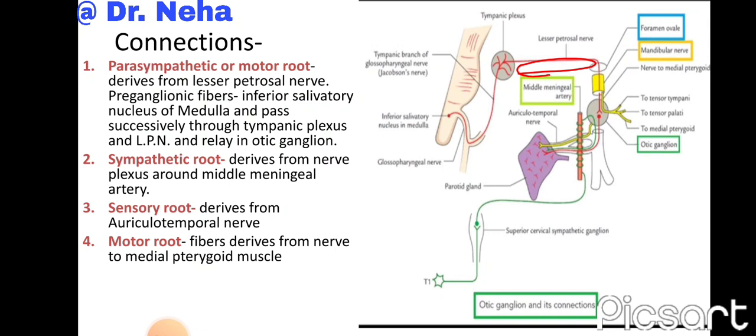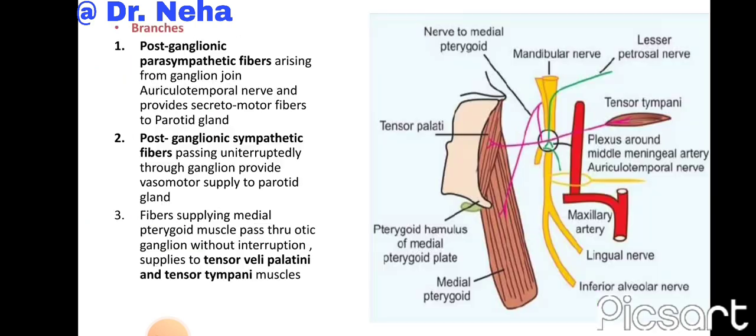Here we can see, they pass successively through the tympanic plexus and the lesser petrosal nerve and then relay in the otic ganglion. Another is a sympathetic root which derives from the nerve plexus around the middle meningeal artery. The sensory root derives from the auriculotemporal nerve and the motor root derives from the nerve to the medial pterygoid.